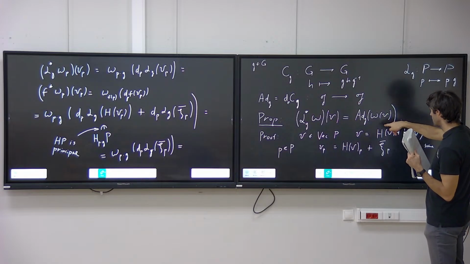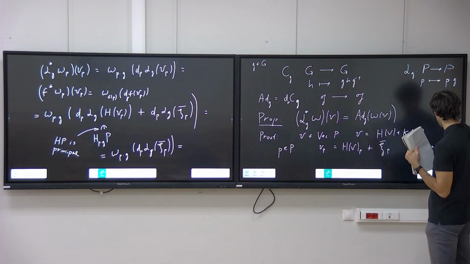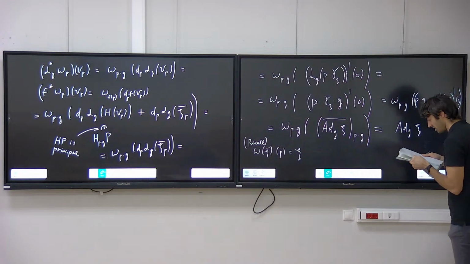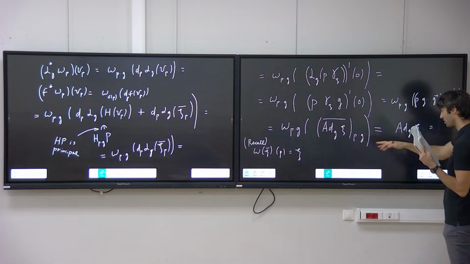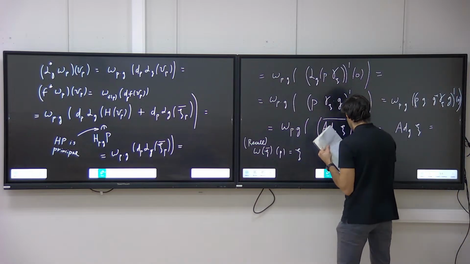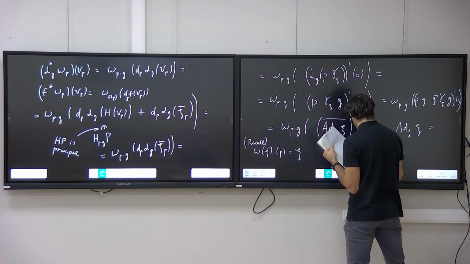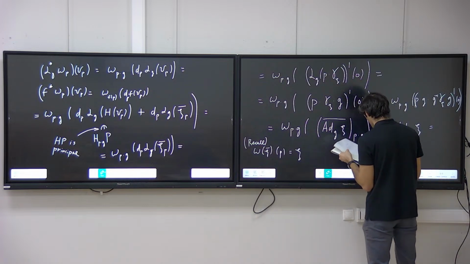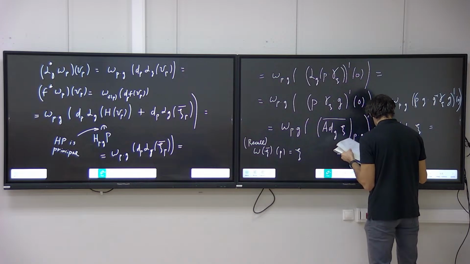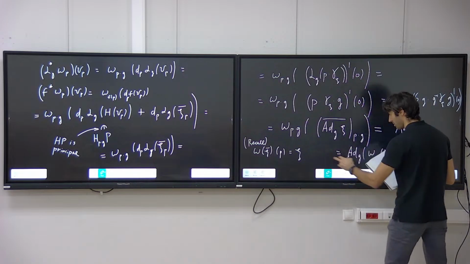So I need to go back somehow to omega of V, right? So I'm saying that, okay, let me go back, use the same exact thing. So it will be Ad g of omega p of xi bar at p. Again, I'm using this.